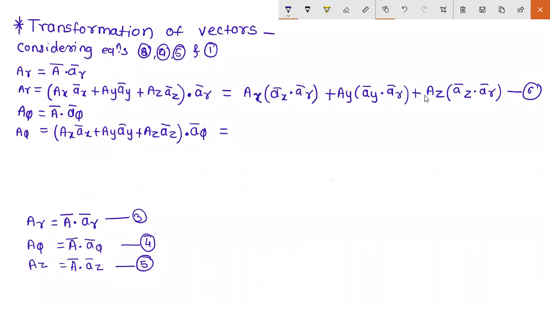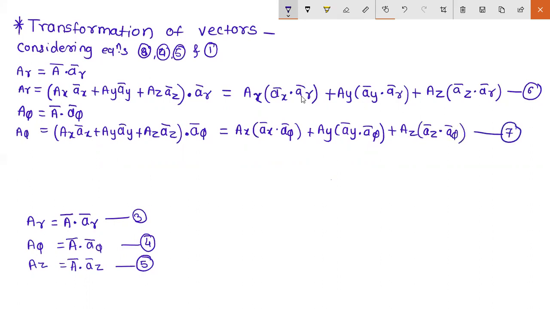So again multiply to the whole bracket, that is AX into bracket A bar X dot A bar 5, plus AY into bracket A bar Y dot A bar 5, and plus AZ into bracket A bar Z dot A bar 5. Okay, this is your equation number 7.